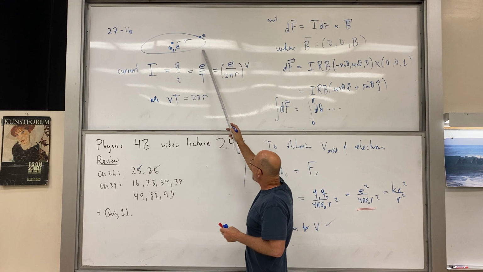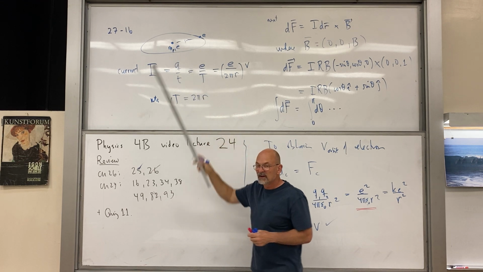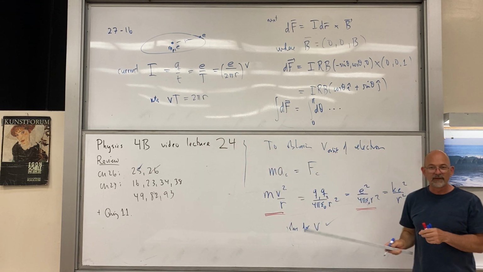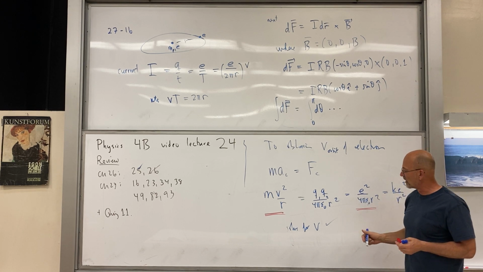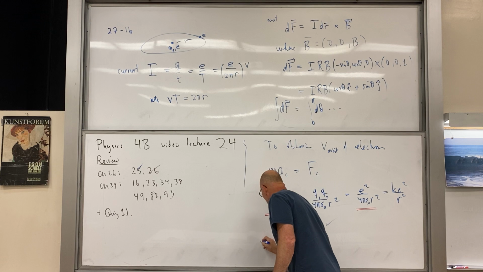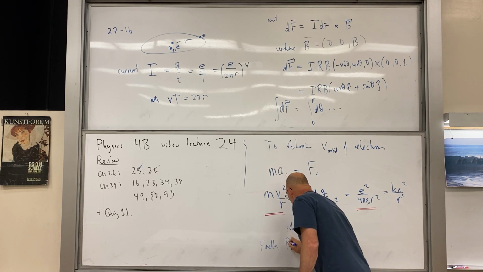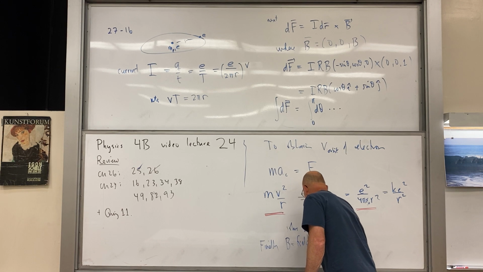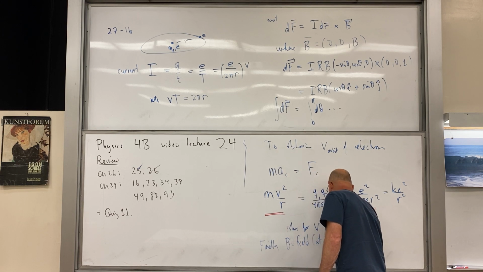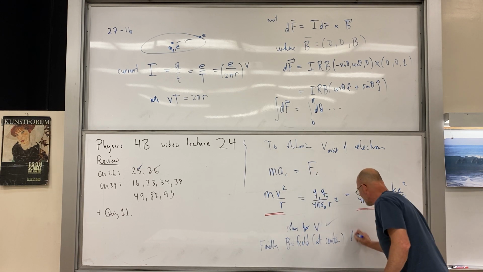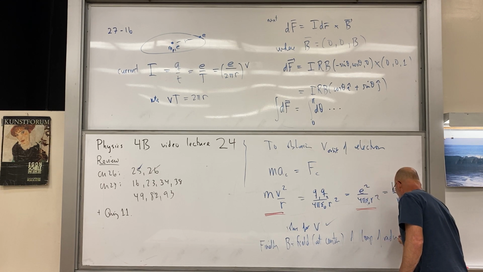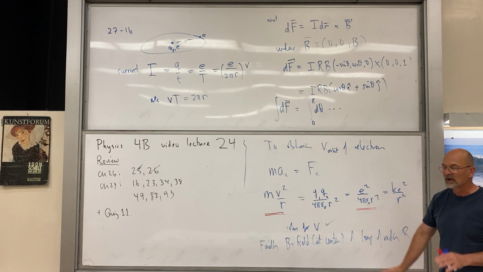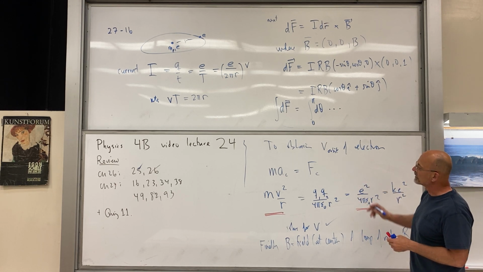Well, we wanted to know the magnetic field at the center, and then you just look up the formula for the magnetic field of a current loop of radius r. And finally, B field at center of loop of radius r that's carrying a current, and then you're done. So that's a very interesting problem.